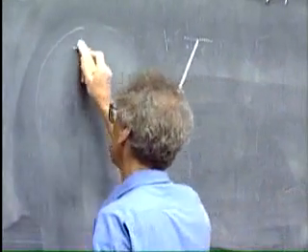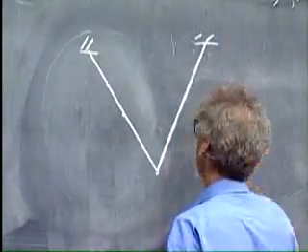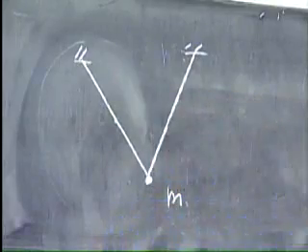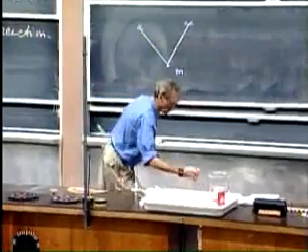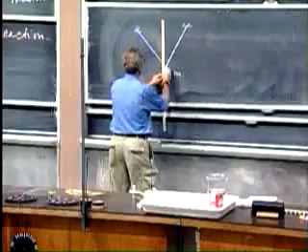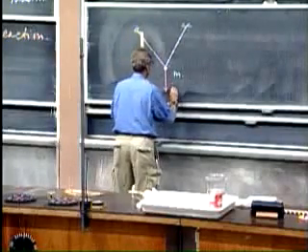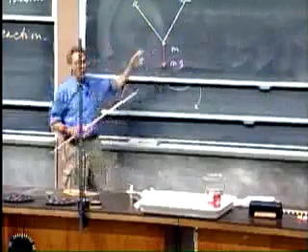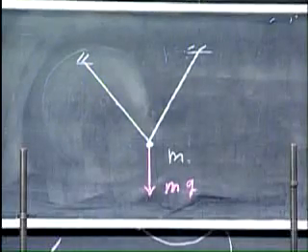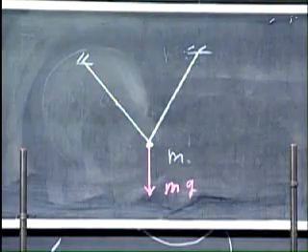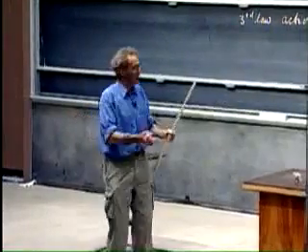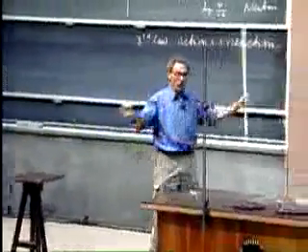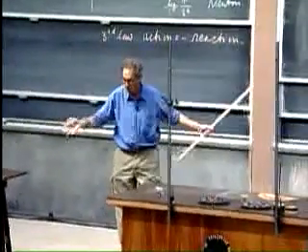So they are attached here to the ceiling, and I hang here an object M. Well, if there's an object M, for sure there will be a force mg, gravitational force. This object is hanging there, it's not being accelerated, so the net acceleration must be 0, and so one string must be pulling in this direction and the other string must be pulling in this direction, so that the net force on the system is 0.